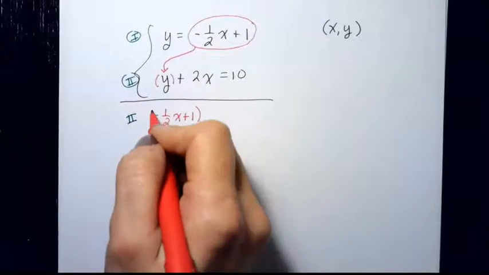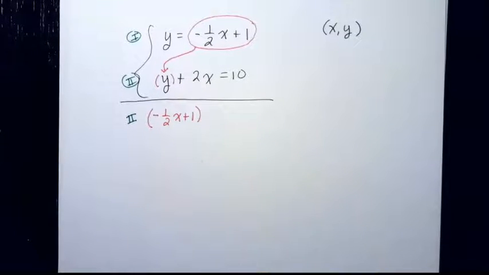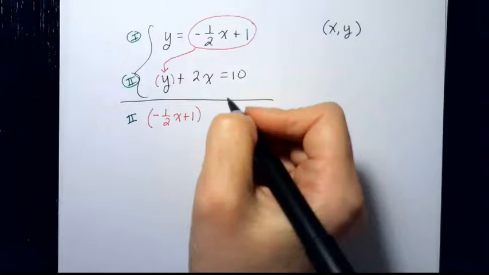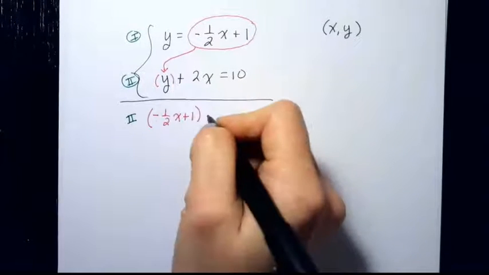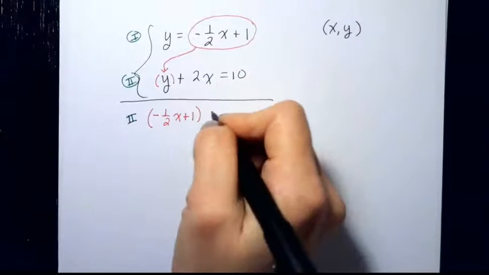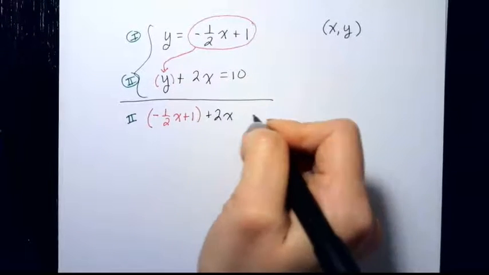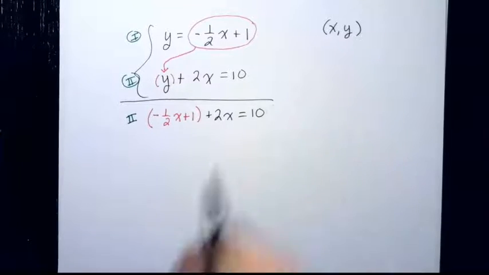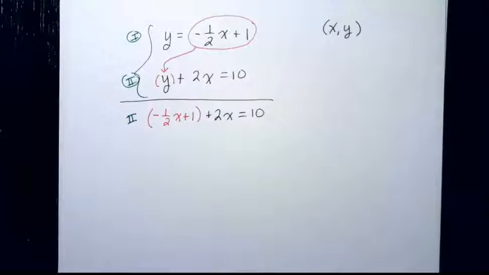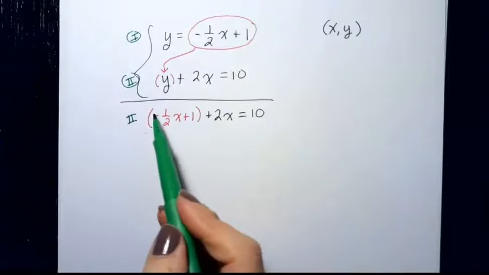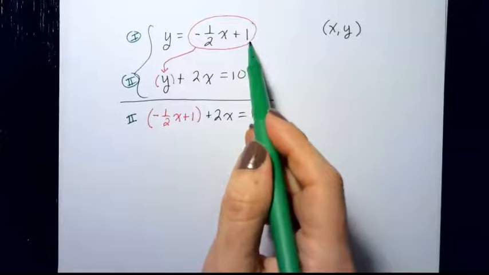I'm going to put that in parentheses. It may or may not be needed, but it doesn't hurt to put them in. That's what I'm substituting in. And then I'll continue the rest of that equation: plus 2x equals 10. So my second equation now still has that same relationship, but instead of the y, we're putting in a stunt double for y.